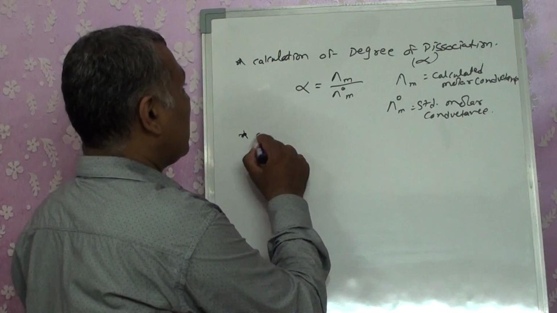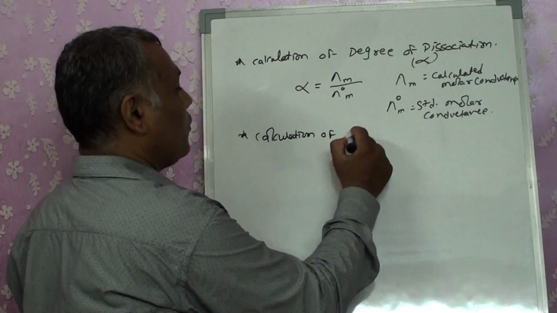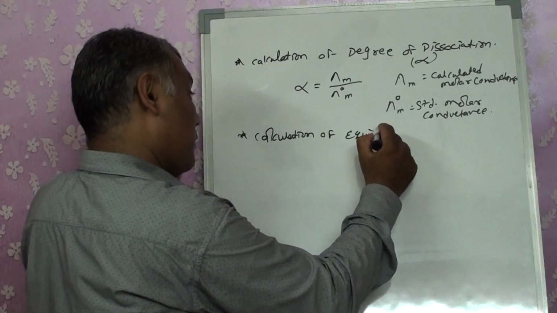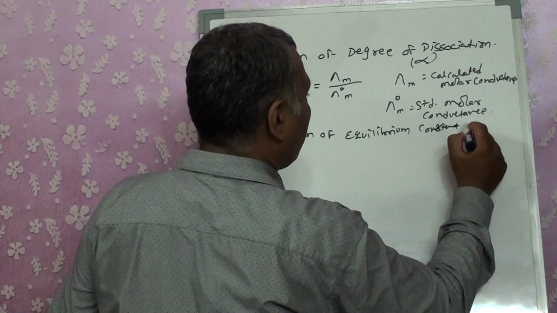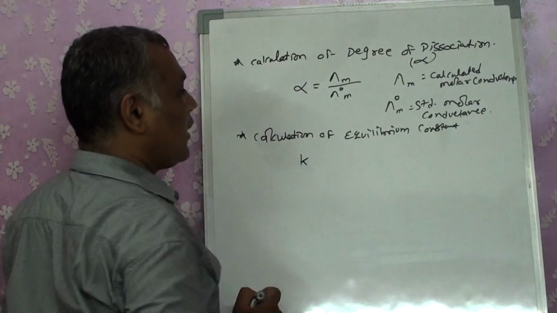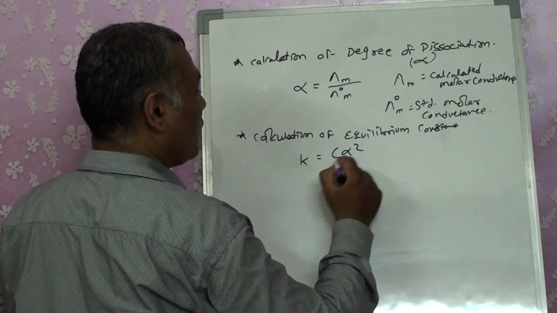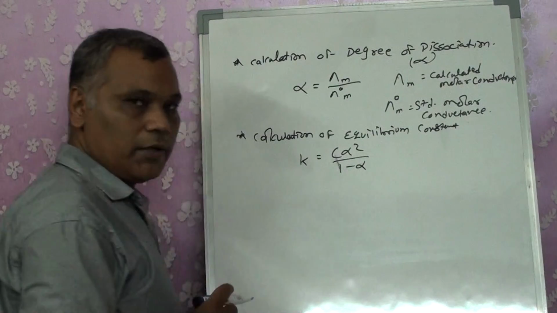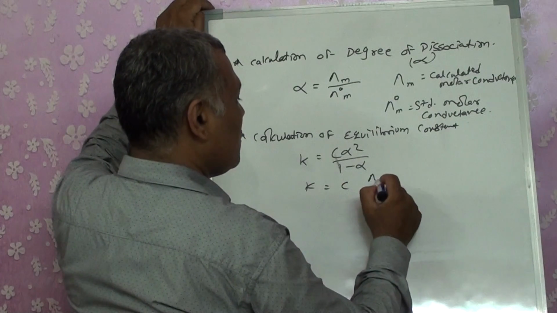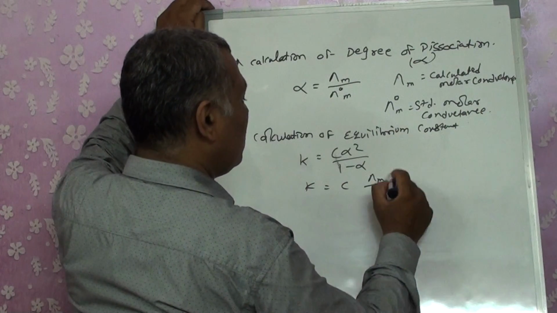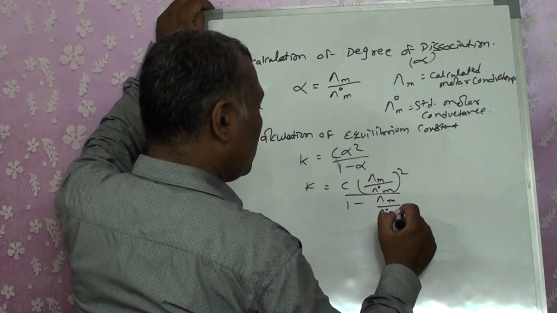And another calculation, of the equilibrium constant, that means K. We know K is equal to C alpha square upon 1 minus alpha. That's the formula. But we calculated alpha. So K is equal to C into molar upon standard molar, whole square, upon 1 minus molar upon standard molar.